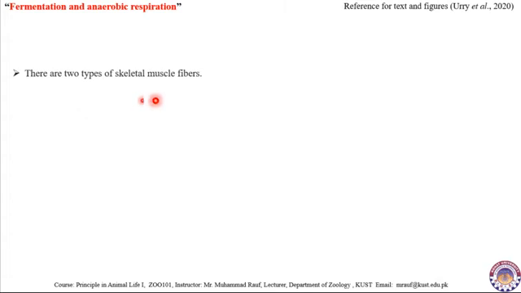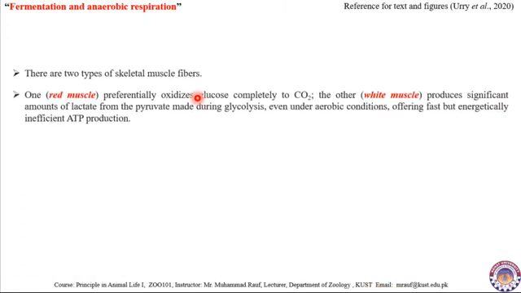There are two types of skeletal muscle fibers. One is red and the other is white. The red muscles oxidize glucose completely to carbon dioxide. The white muscles produce a significant amount of lactate from pyruvate made during glycolysis.